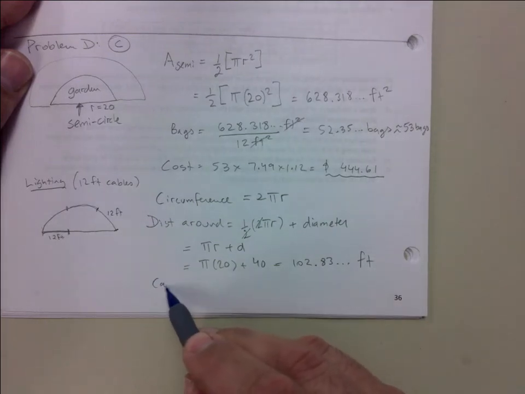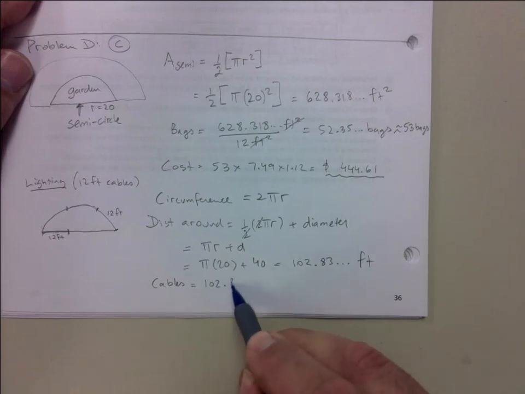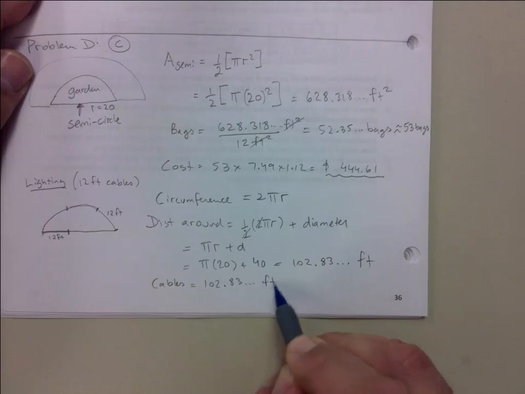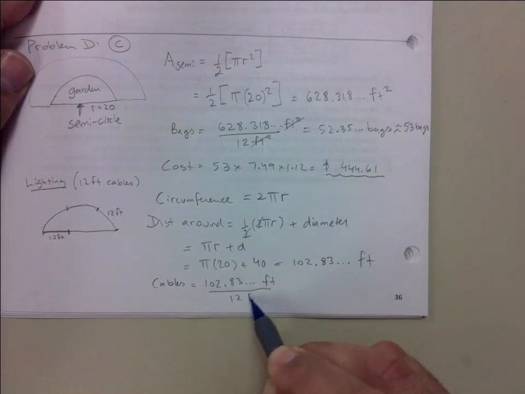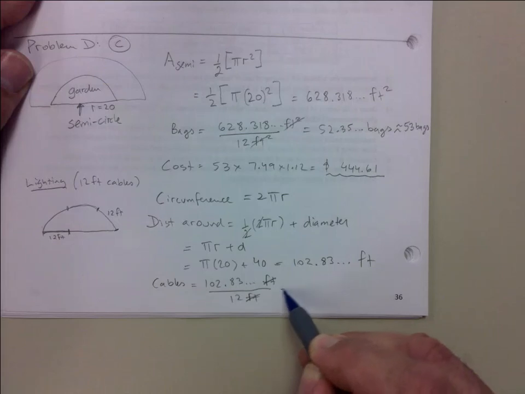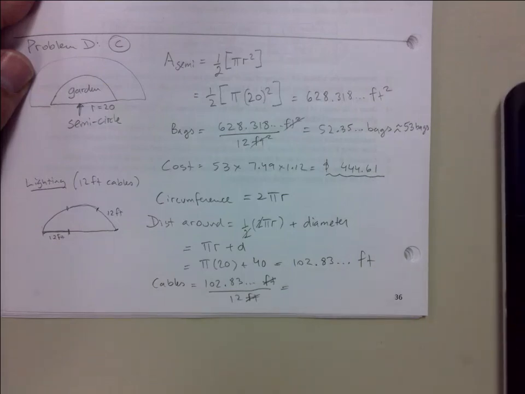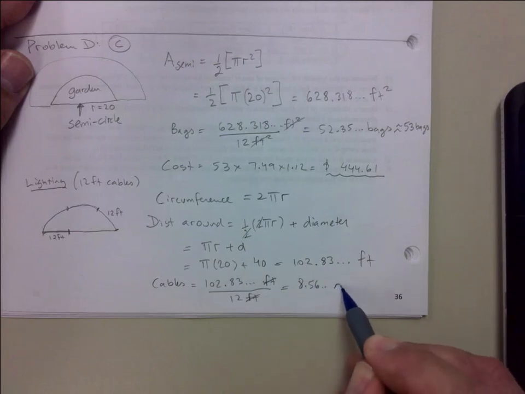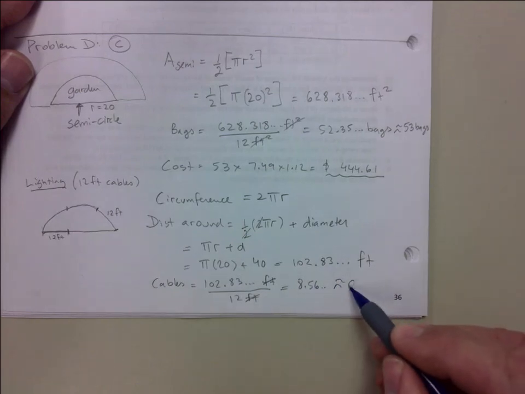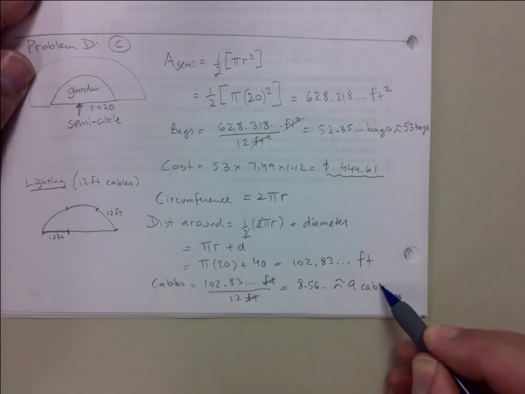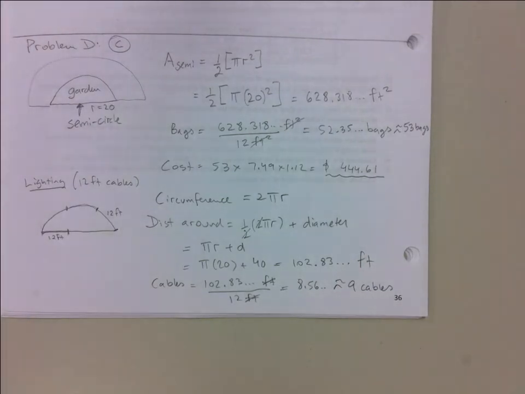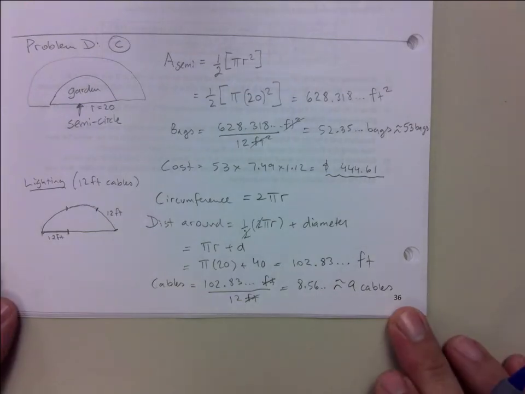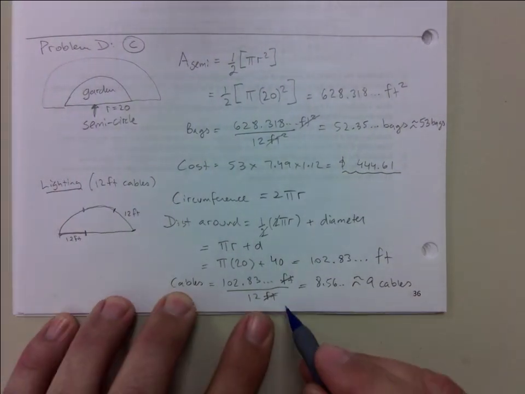You need to figure out how many cables you're going to need to buy. 102.83 feet divided by 12 feet, large divided by small, okay? That gives me 8.56 something. So I need approximately 9 cables. I'm going to figure the cost here, okay?